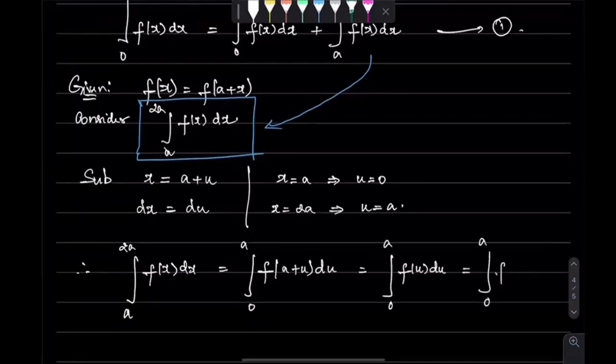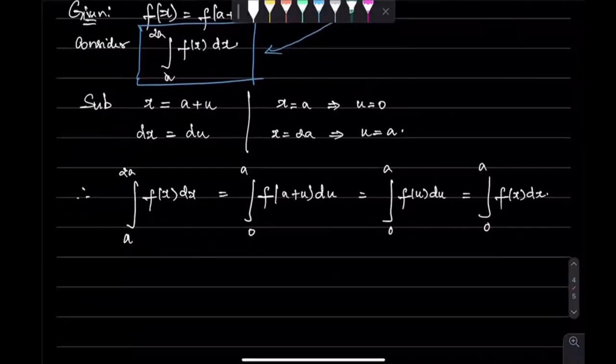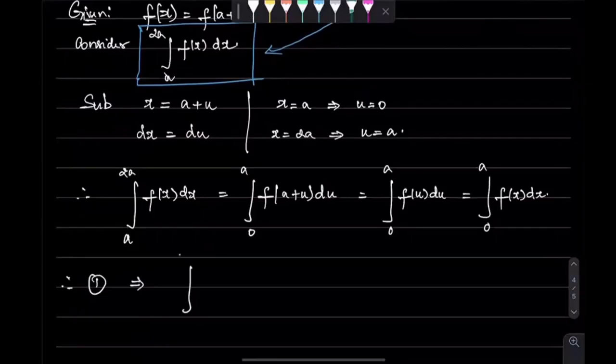So instead of this, I can use 0 to a f of x dx. So therefore, integral 0 to 2a f of x dx is equal to 2 times integral 0 to a f of x dx.